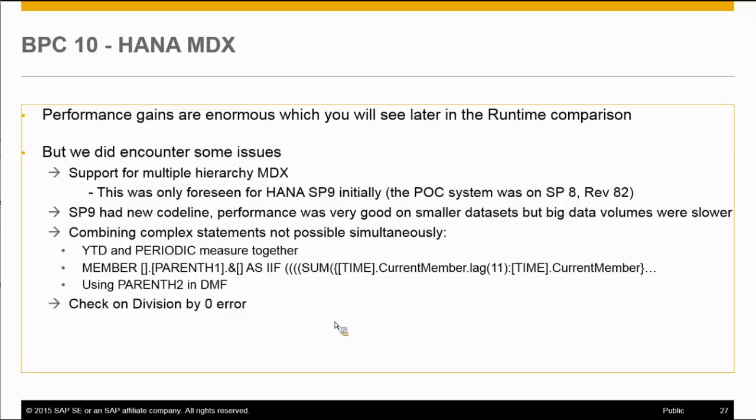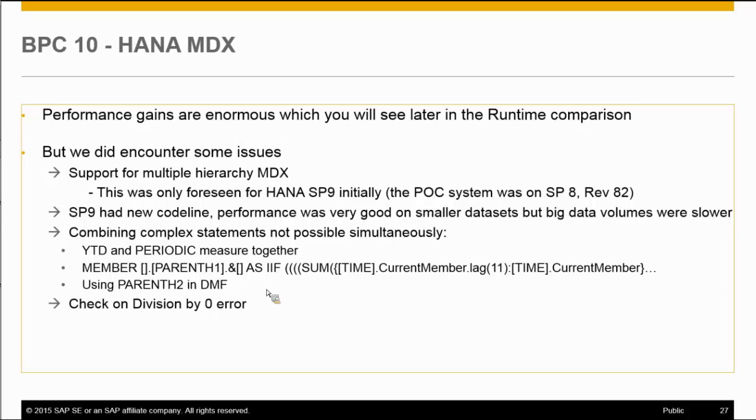We also had some issues in the beginning, that when you combined more complex statements into one report, the data was not returned. For example, when combining year-to-date and periodic measures together, very complex dimension member formulas using a combination of sum and lag functions, using parent H2 references within dimension member formulas, things like that were not returning any data.